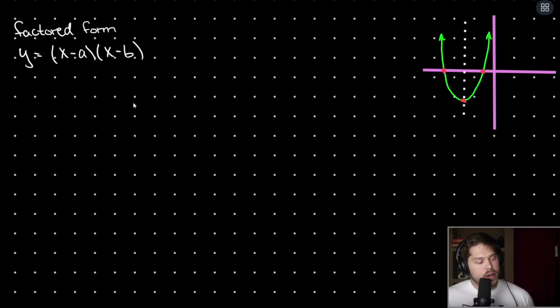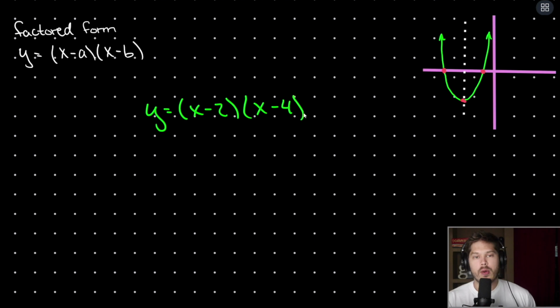What if we're given the equation y equals x minus 2 times x minus 4? How can we find the vertex given this equation in this factored form? Well, again, we're going to be looking for the zeros of our function. And remember that the zeros are just whenever each of these individual terms can equal 0.